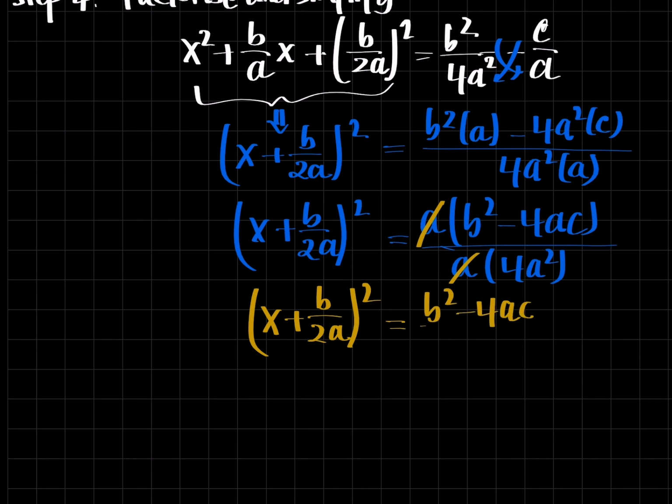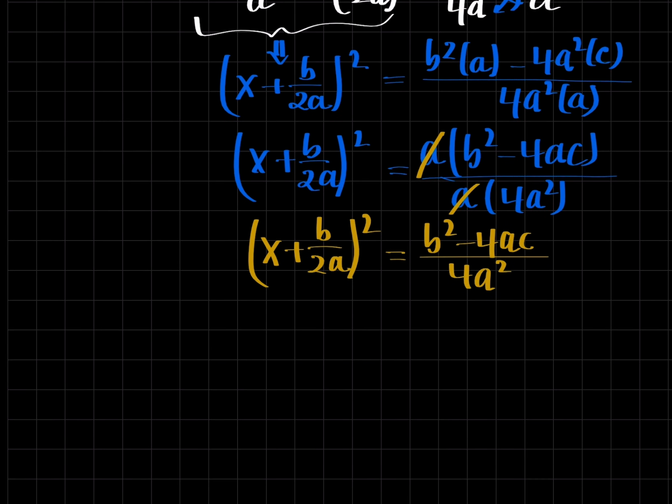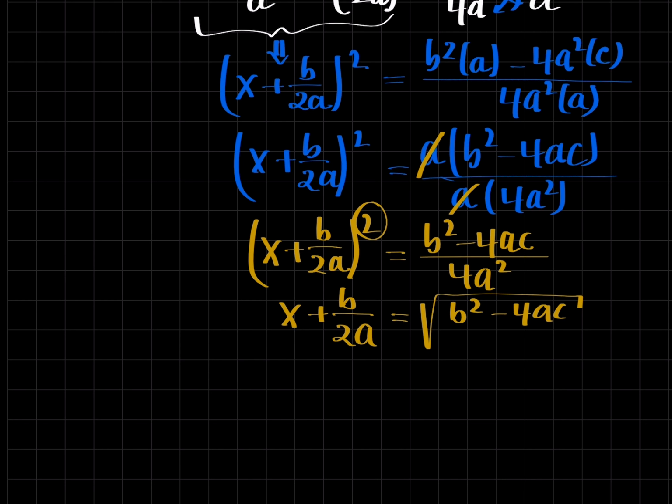Now next, I have to remove the square by changing it into a square root on the right side. So x plus b over 2a equals the square root of b squared minus 4ac over 4a squared.